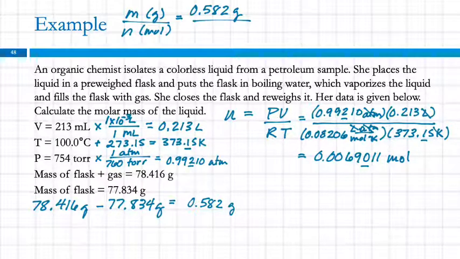If you got 960 moles, you made a calculation error and multiplied by the temperature instead of dividing. It's easy to do, but it's important not to do that.